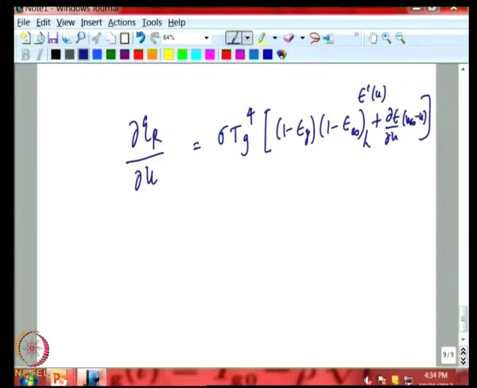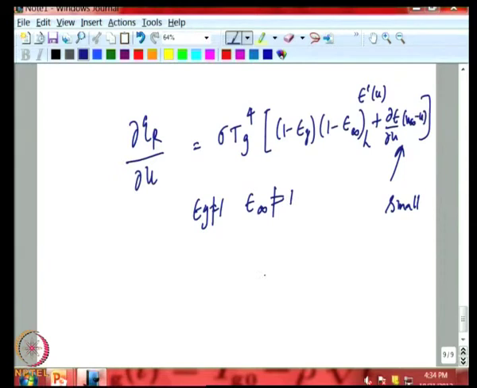And so, if epsilon g is 1, this term is small and plays no role in our analysis. Now, if this term has to be large, then epsilon g equal to 1 means there will be no cooling. So, the requirement is that epsilon g should not be equal to 1, and the total emissivity of the whole column also should not be equal to 1.